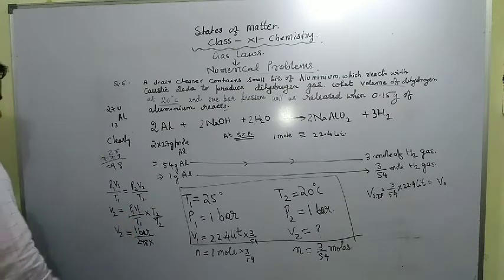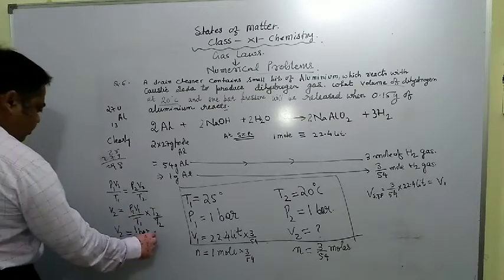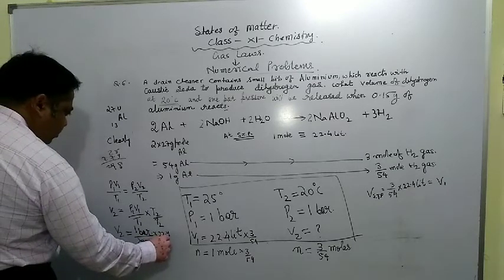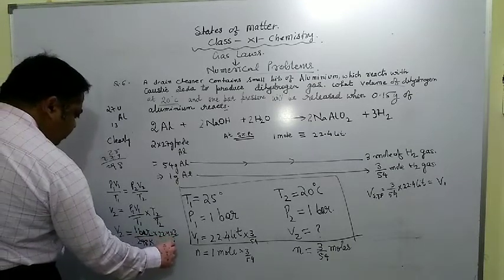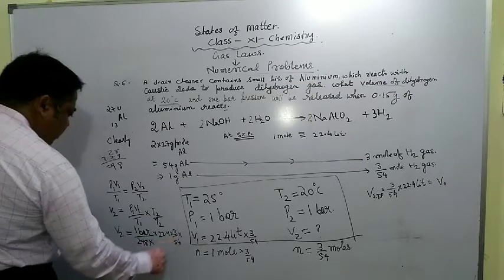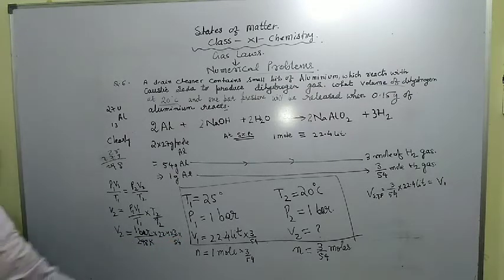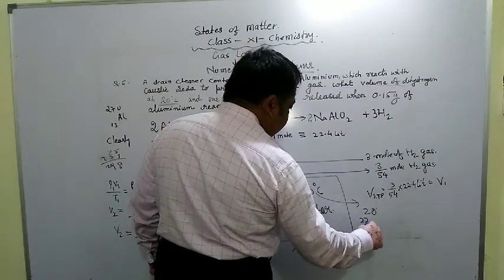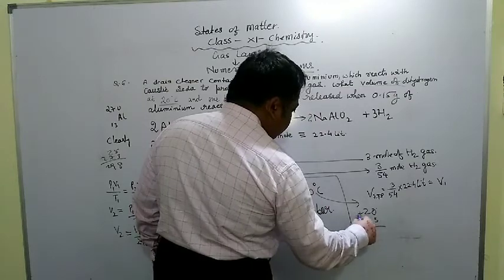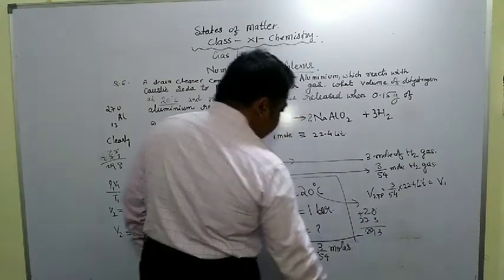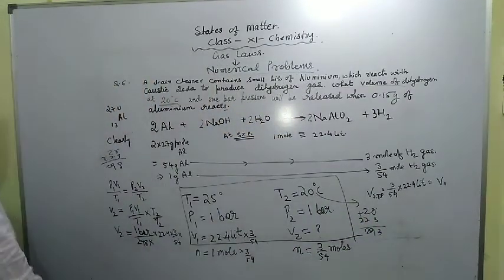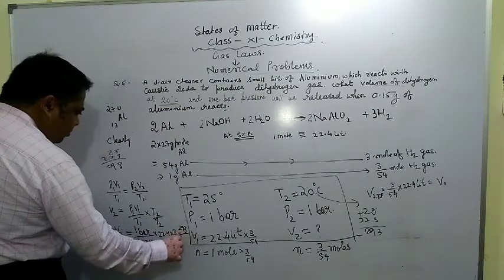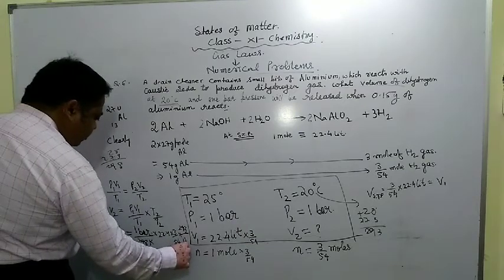For volume we can write 22.4 into 3 by 54, multiplied by T2, which is 20 degree C. So 20 degree C plus 273 will be equal to 293, and P2 is also equal to 1 bar.